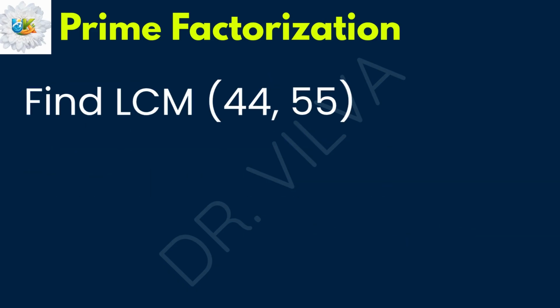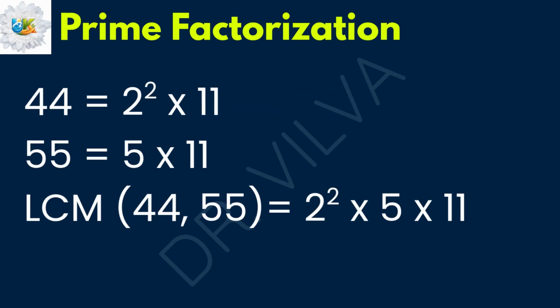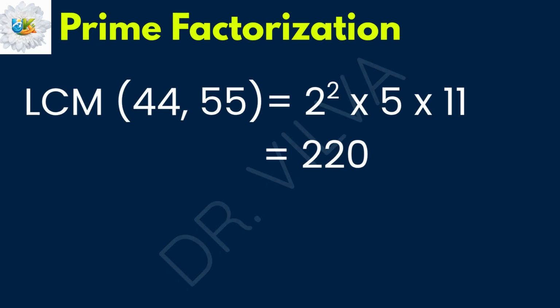Now, we find the LCM of 44 and 55 using prime factorization. Prime factorization of 44 is 2 square times 11. 55 is 5 times 11. LCM of these two numbers is 2 square times 5 times 11, which is 220.